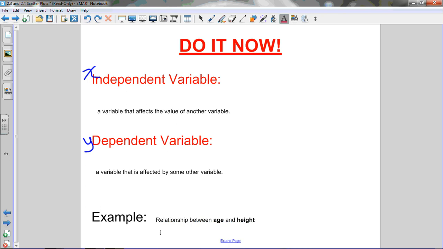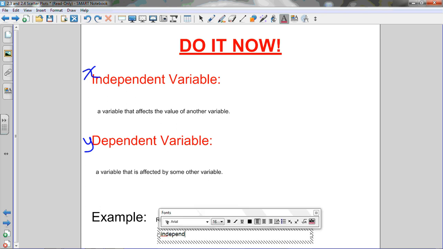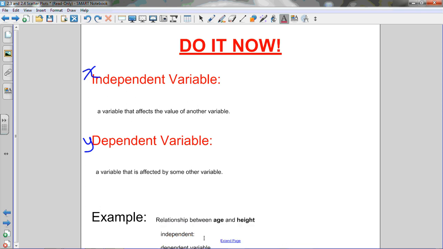One of those variables is going to be the independent variable, and one is going to be the dependent variable. Let's move this up to the side here so we can see it better. I need to figure out which one is my independent and which one is my dependent variable.